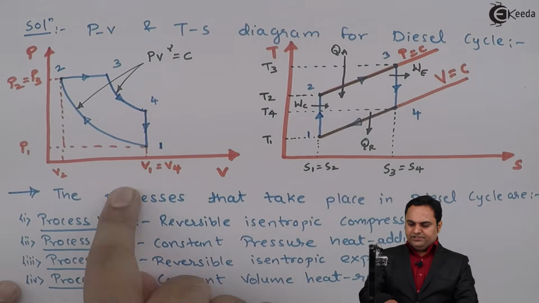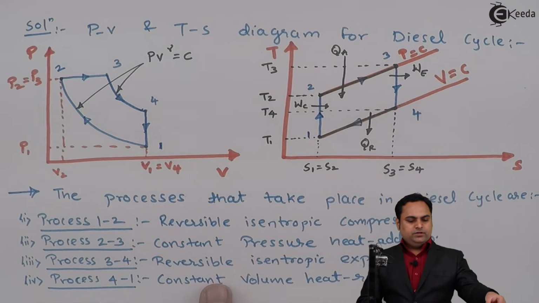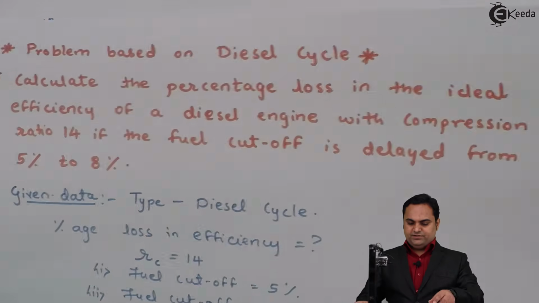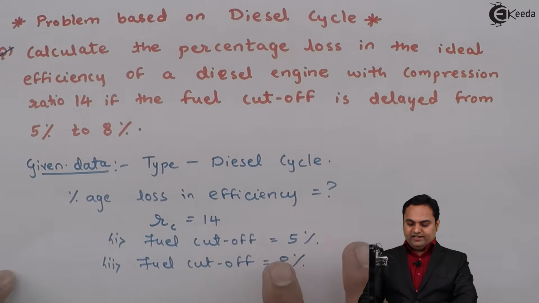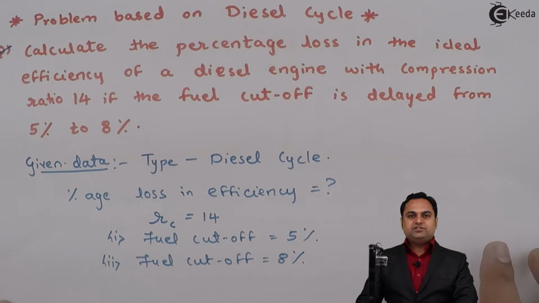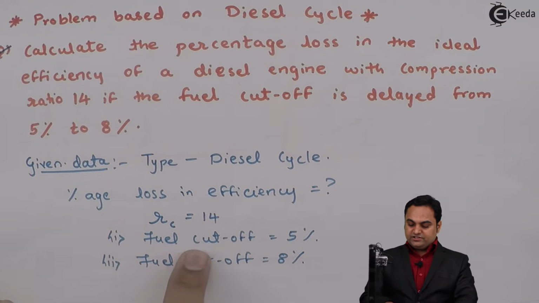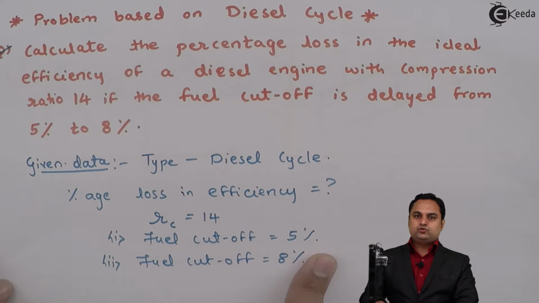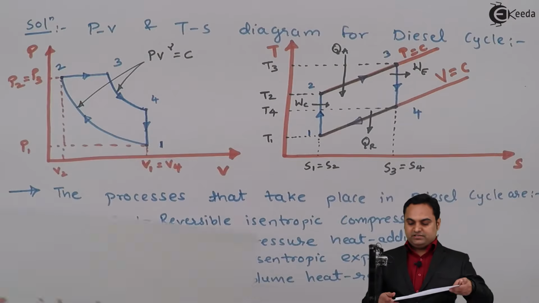Now once we have completed the PV and TS diagram, if we see in the question, we had to find out the percentage loss in efficiency, and the first condition is fuel cutoff is at 5% of stroke. So here I'll start with this.